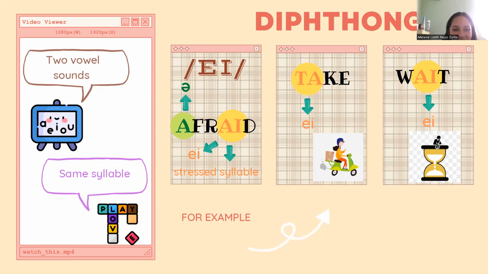Why is it important? Important where the stress is. Okay. This is in for I. So there is the sound A in other examples, for take and wait. Okay, thank you.